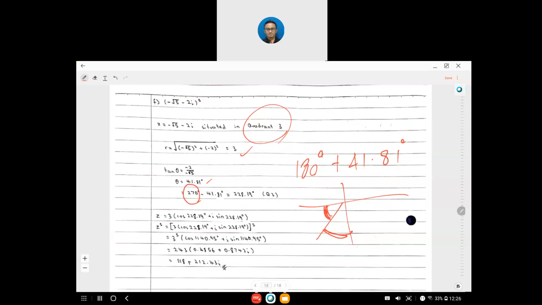Same? Not the same, right? 180 plus 41.81, so you can get here 221.81. This one, change the angle here. This will deviate.